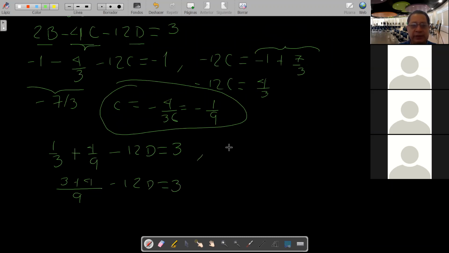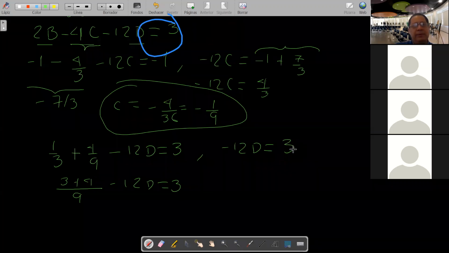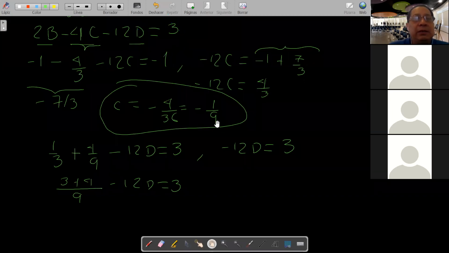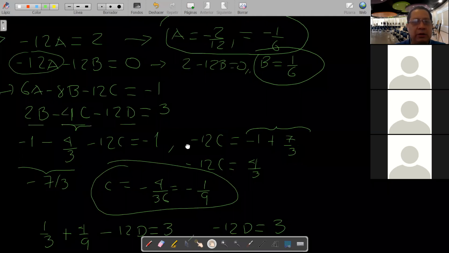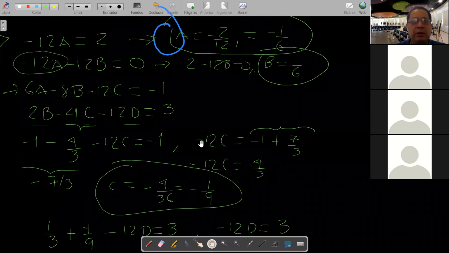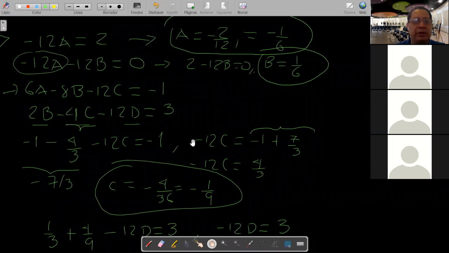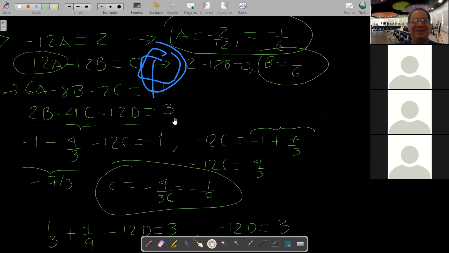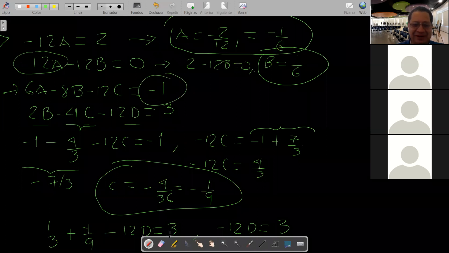And from here, we can see that -12d has to be equal to... Teacher, why is this one negative? This one, the number 1?